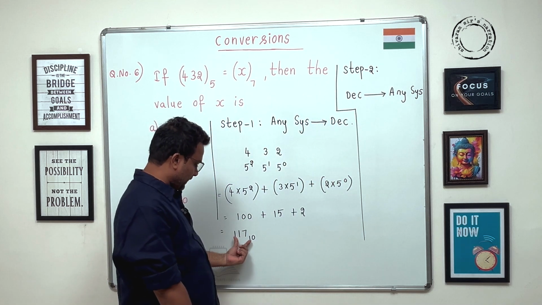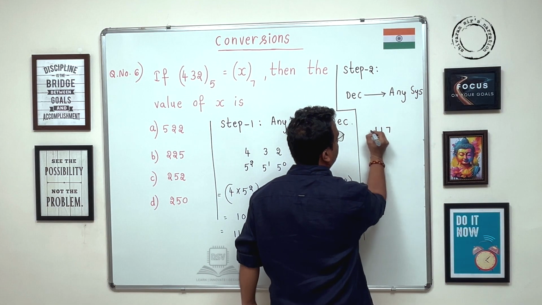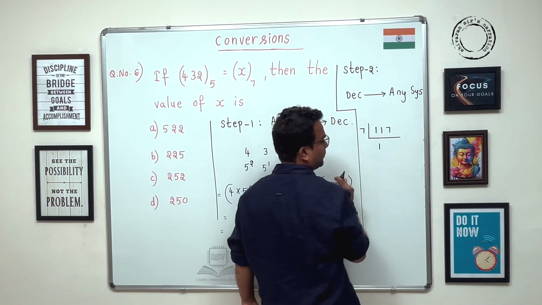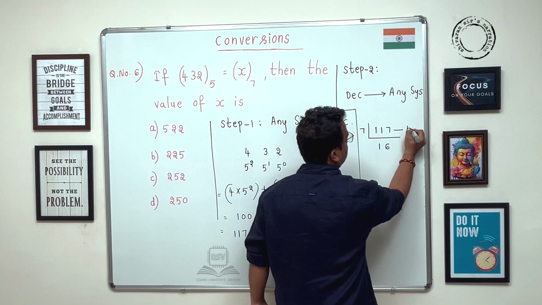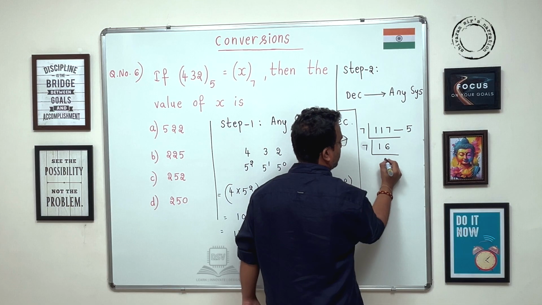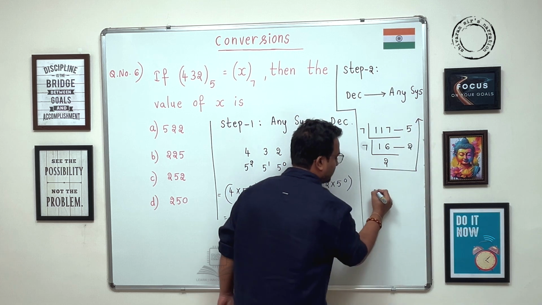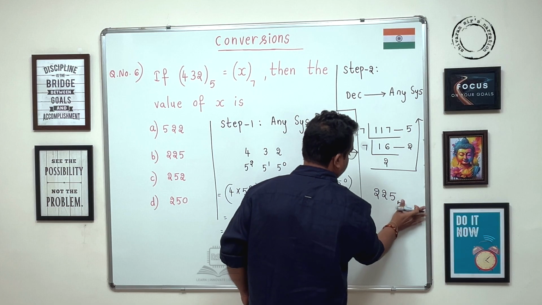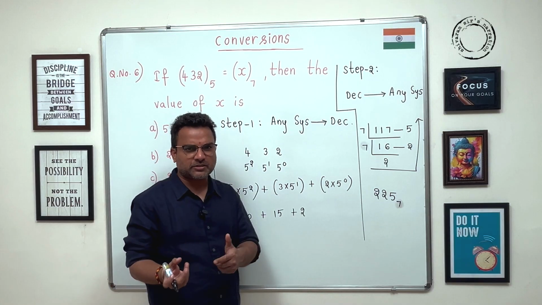Here, it contains only the integer part, therefore you just divide. 117 by 7: 7 sixteens are 112... 7 ones are 7, 7 sixes are 42, remainder is 5. Similarly, 7 twos are 14, remainder is 2. From bottom to top, it is 225 base 7.